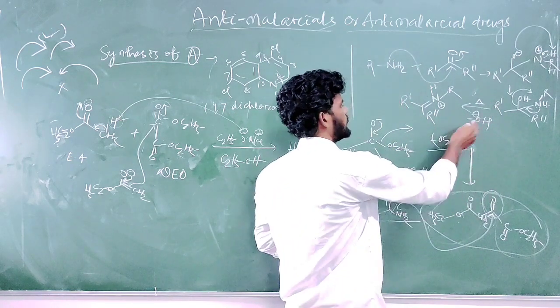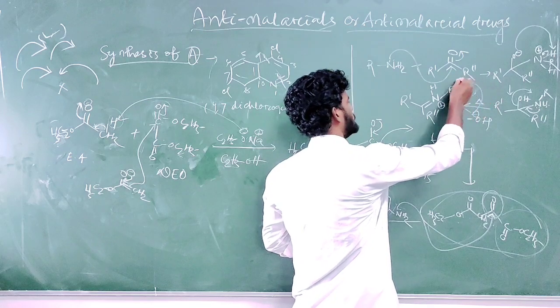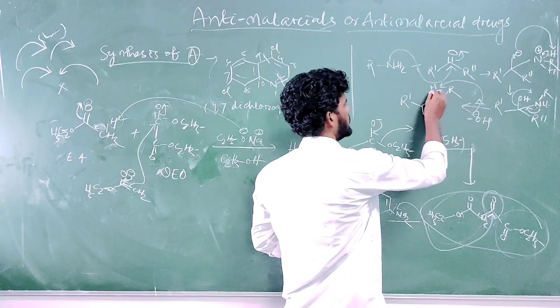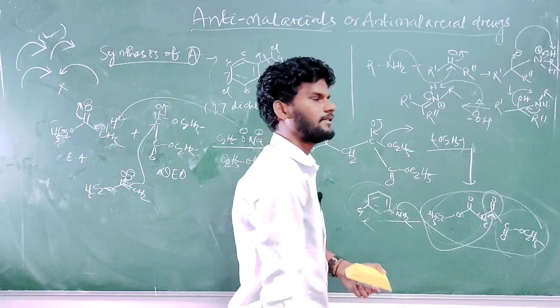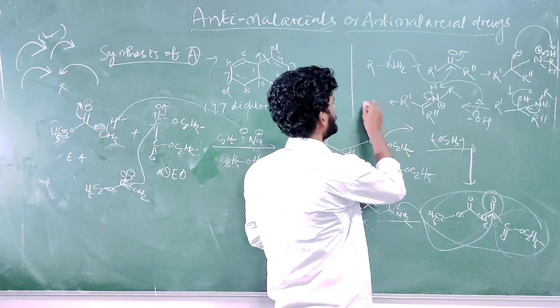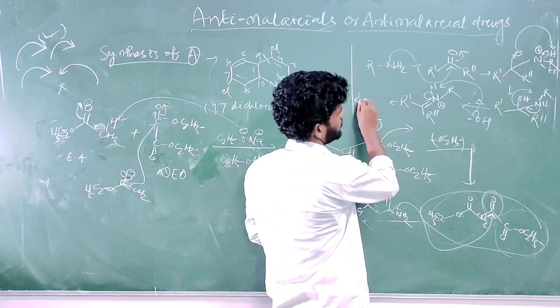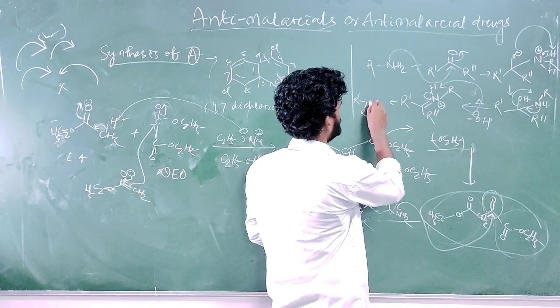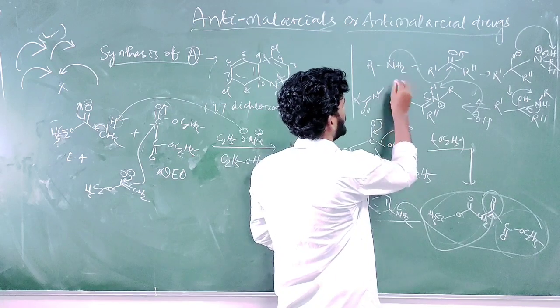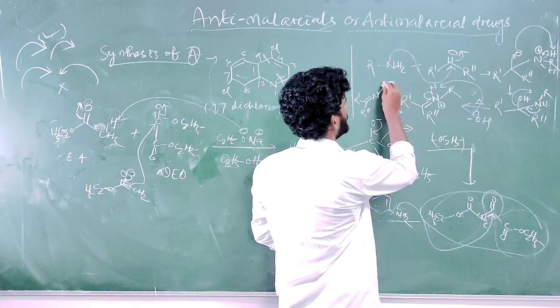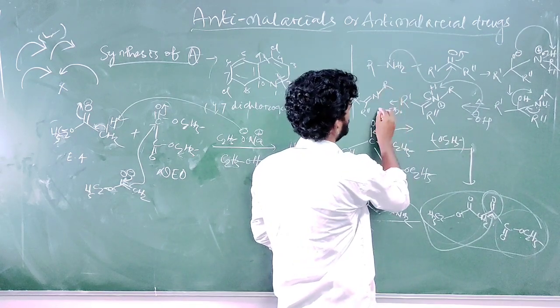So what will OH minus do? It will act again as a base and abstract hydrogen from here. This bond moves over to nitrogen, as nitrogen is electron deficient. So what will it form? R' R'' C double bond N R, minus water.